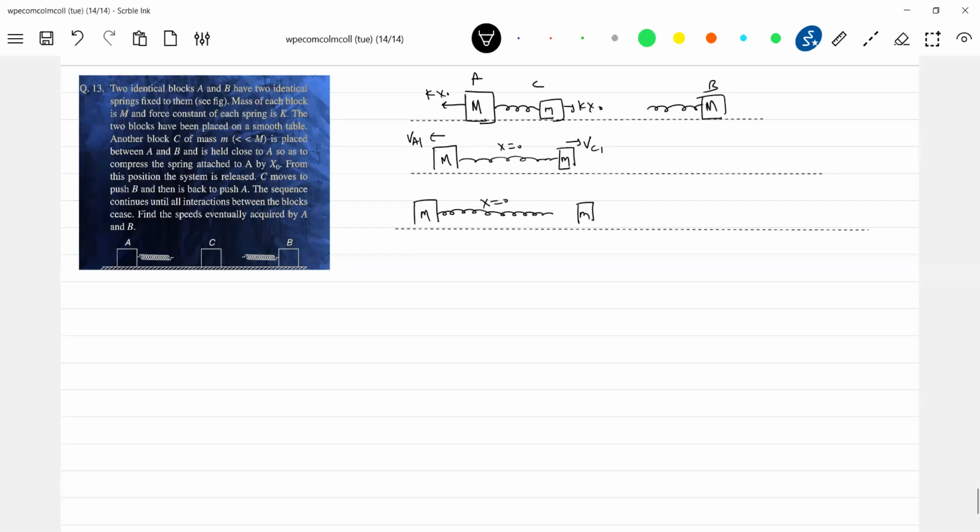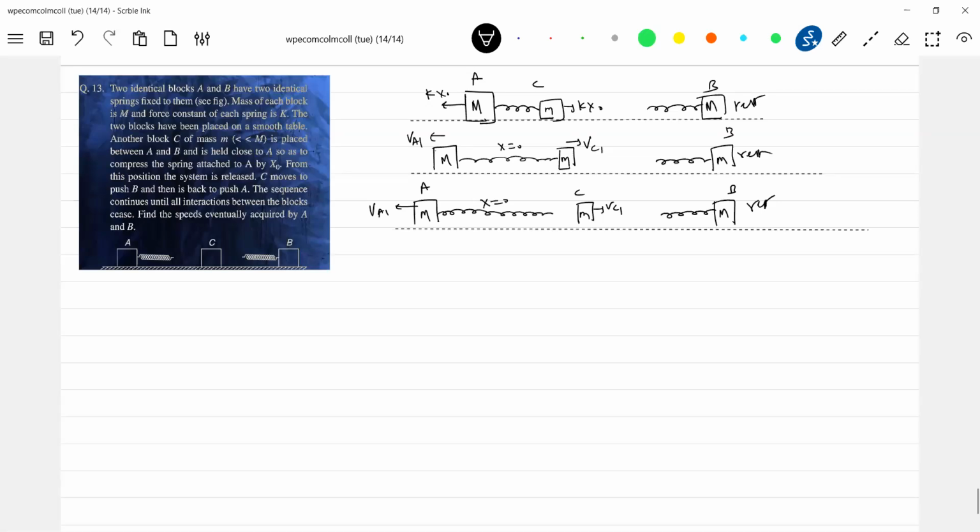Spring is relaxed, no? This is very important. So there's a block A, and it will go and compress this particular thing. What is the state of block B? It is at rest.